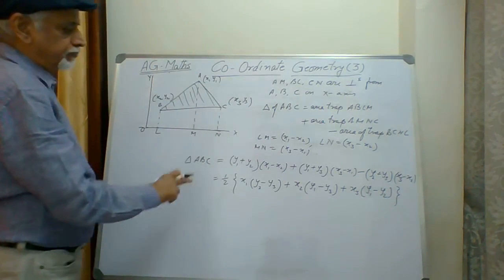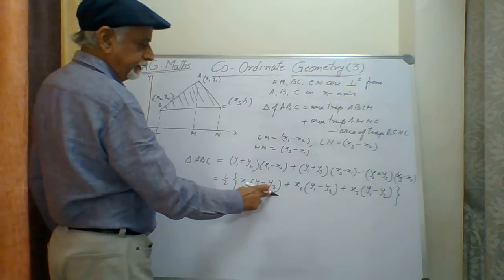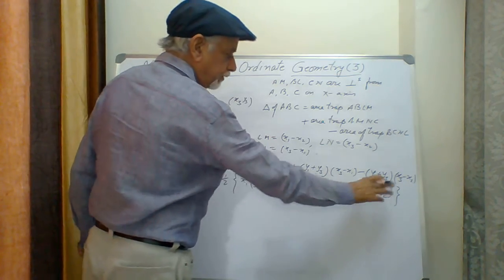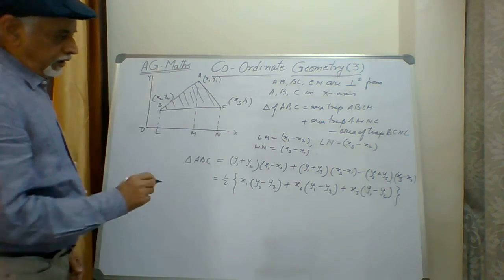See, it is half of x1(y2 minus y3) plus x2(y3 minus y1) plus x3(y1 minus y2). How to remember this?